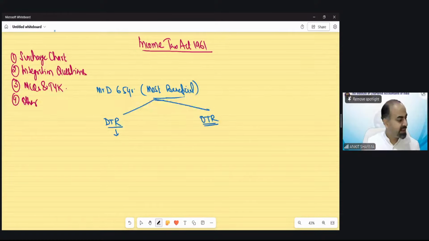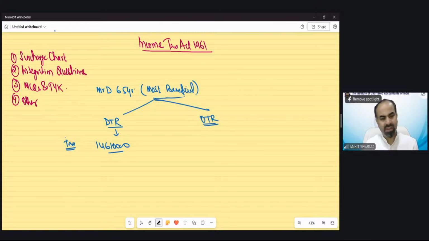You have to do the normal tax calculation, first 4 lakh rupees is exempted, etc. So the tax calculation on 5 crore 1 lakh rupees would be 1 crore 46 lakh 10,000. Clear? The calculation has been given in the question, so I am not solving it again.